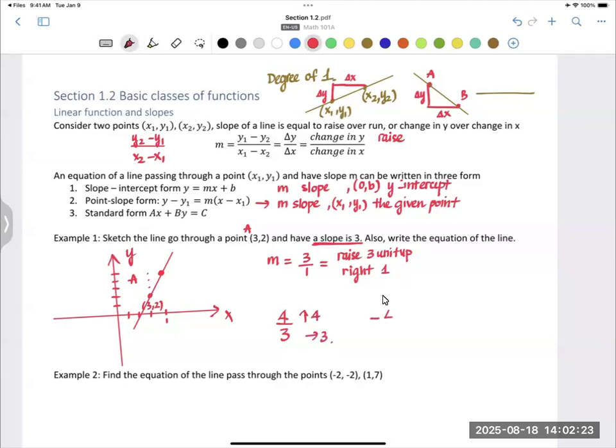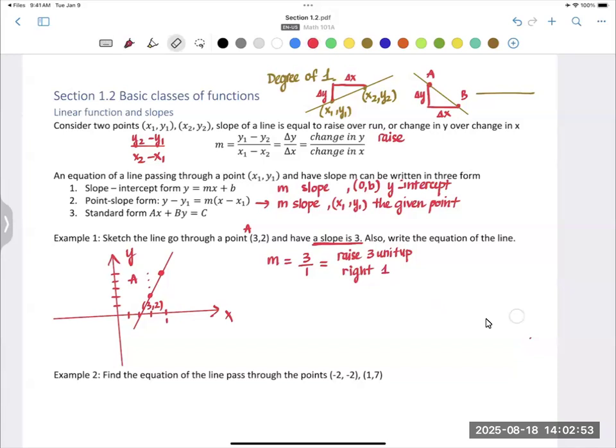If the slope is negative, like negative 4 over 3, then you go down 4 and right 3, or up 4 and left 3. Because there's a negative, the directions of up and right have to be opposite. So instead of going up and right, you go down and right, or up and left.